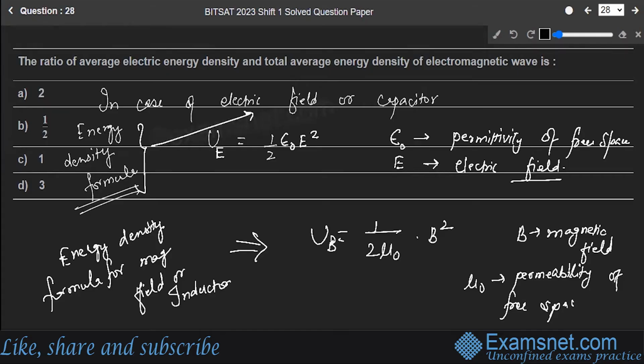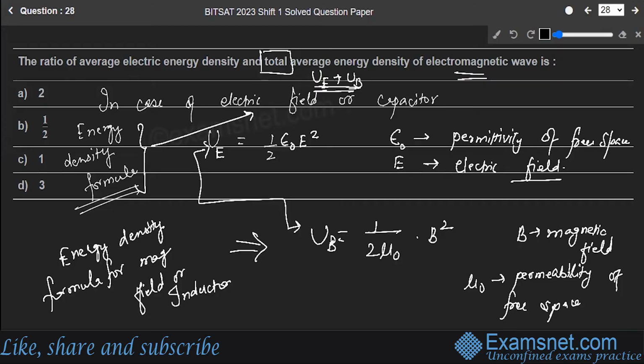All right. Now, regarding the electromagnetic waves, both the magnetic and the electric field are equally involved in contributing to the energy density. So the total energy density will be the sum of electric plus magnetic energy density. All right. Now, let's get back.